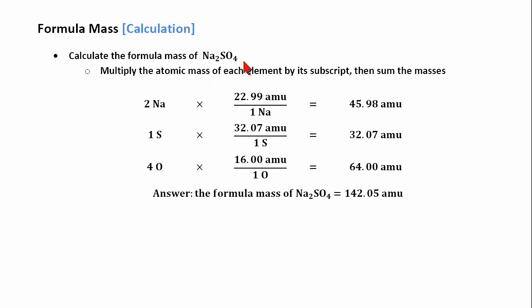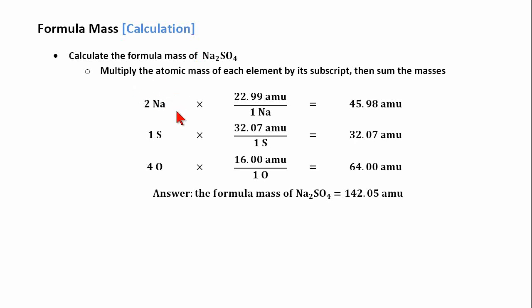So let's look at the formula here, and this formula says, based on these subscripts, and a 1 is assumed for the subscript of sulfur, there are 2 atoms of sodium, 1 atom of sulfur, and then 4 atoms of oxygen for every molecule of Na2SO4.